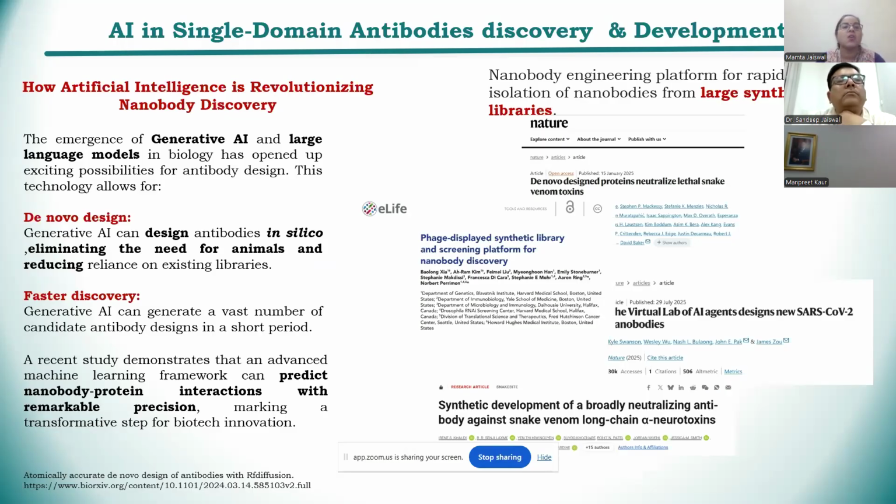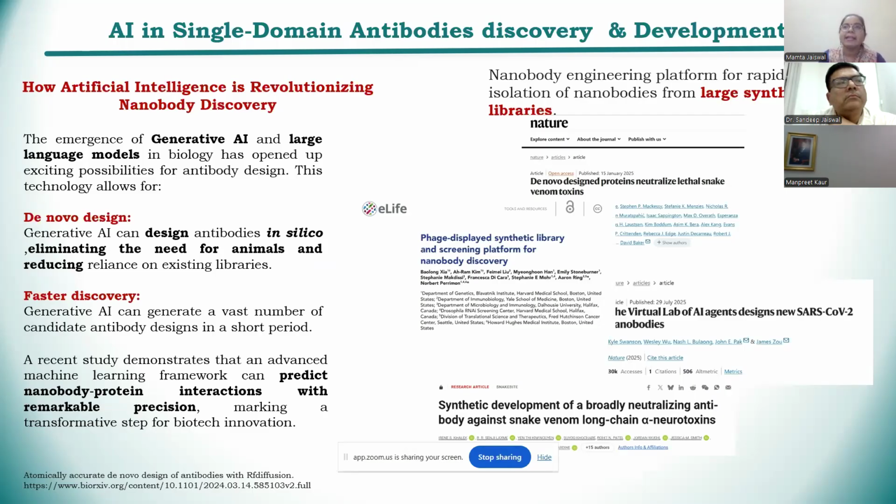Since there is now a lot of data available, the synthetic library can be designed in silico, not synthesized but planned in silico, and then using synthetic biology they can be made.